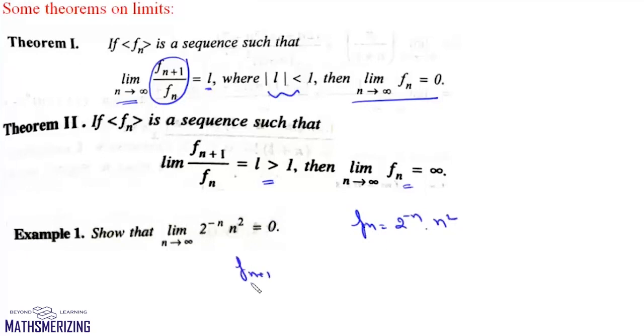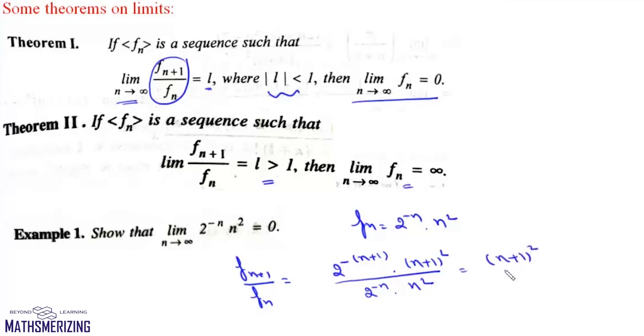Now f_{n+1} upon f_n will be 2 to the power of minus (n plus 1) into (n plus 1) square upon 2 to the power minus n into n square. Now 2 to the power minus n will cancel, so we can write this as (n plus 1) square upon 2n square.